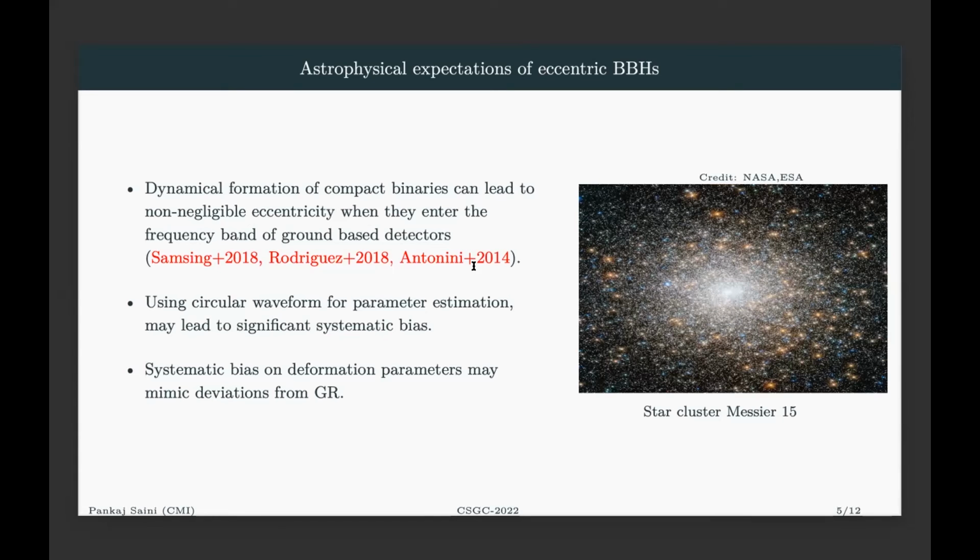They found that, using n-body simulations, around 20% of these binary black holes which are merging inside these globular clusters will have a non-negligible eccentricity while entering these ground-based detectors. So this fraction varies from paper to paper actually. It starts from 5% to 20% and so on.